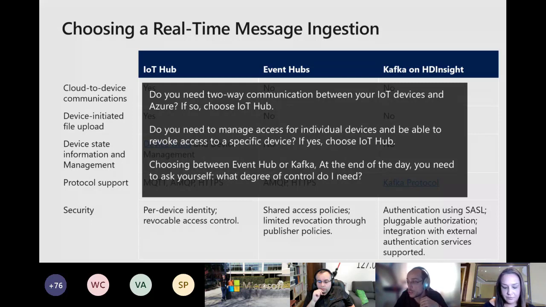So, Viviane, we have a question. What about the message size? Is that important? Does the message size play a role in which one to choose? Yes, it is. Event Hub, if I am not wrong, supports about 256 kilobytes per message. And with Kafka, you can configure up to 1 megabyte, if I'm not wrong.